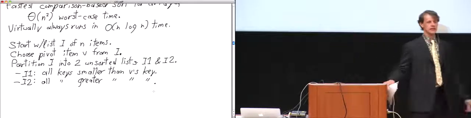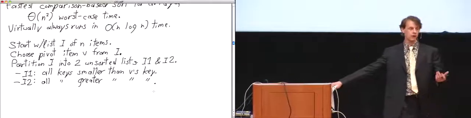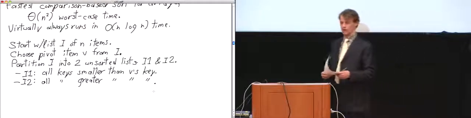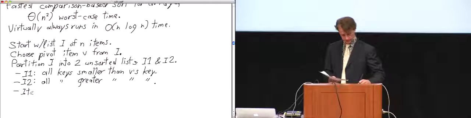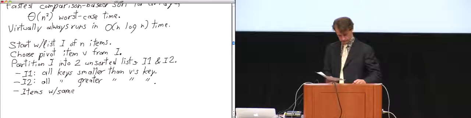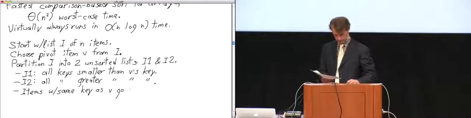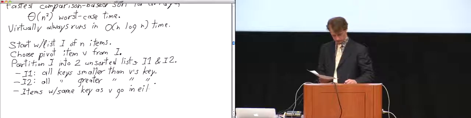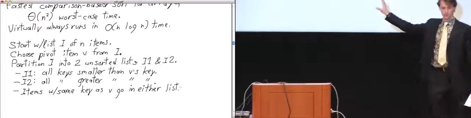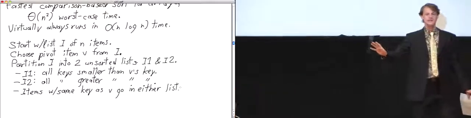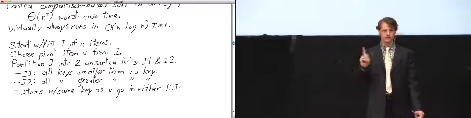So what about keys that are equal to the pivot? Well, those can go into either list. We'll talk more about that later. And in fact, how we do this is going to be a crucial decision, but it's going to be different for linked lists than for arrays.